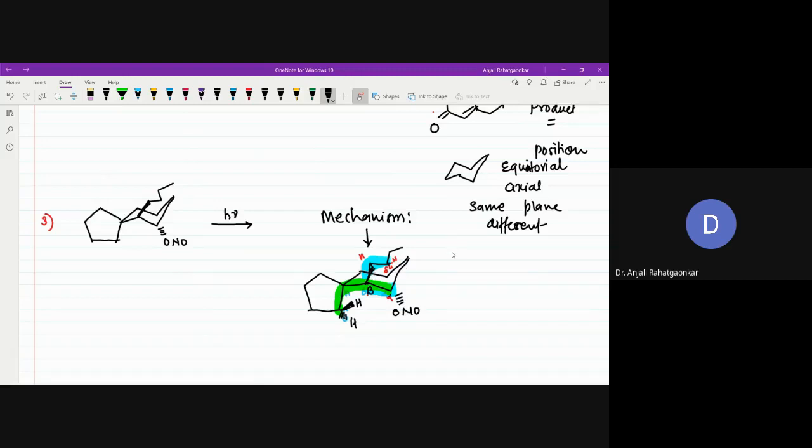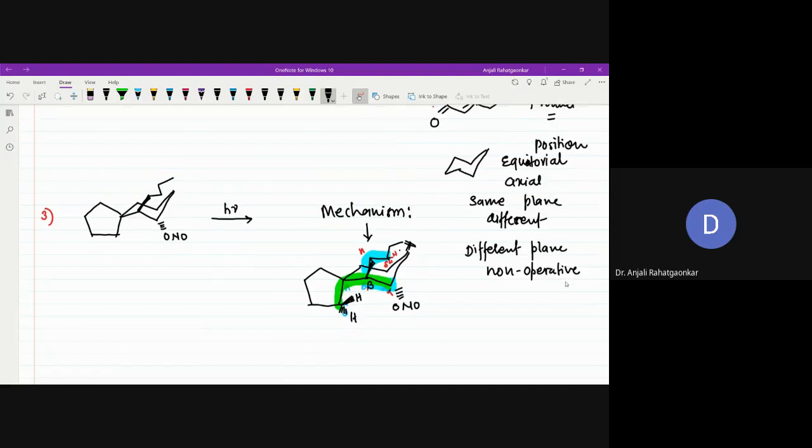So the first criteria is there is no question of abstracting a proton from this side because they are totally in a different plane. So there is no possibility that from this side the proton is available. So this side is non-operative.